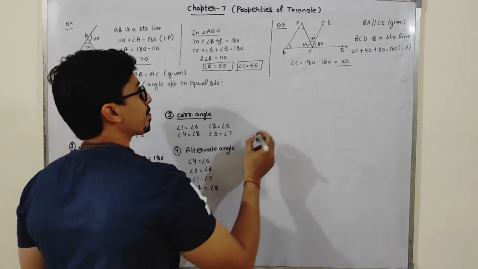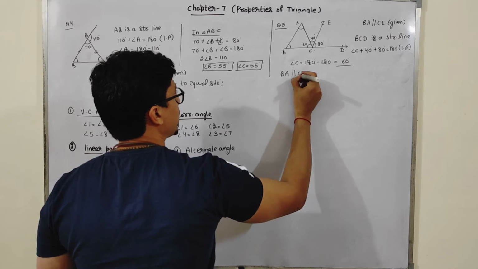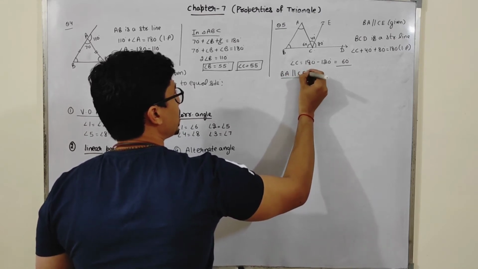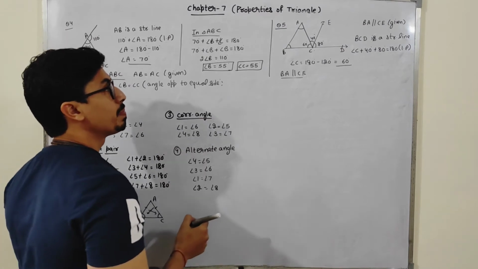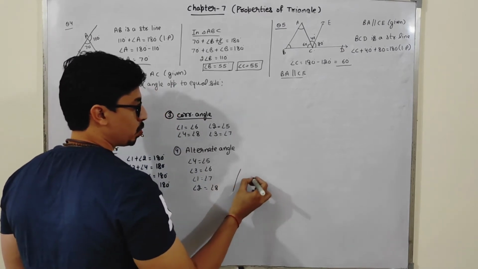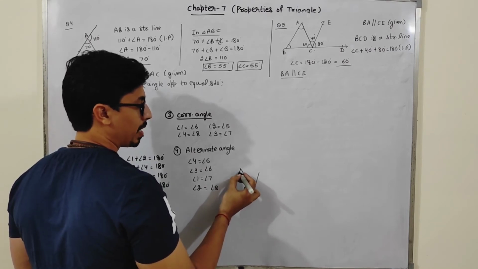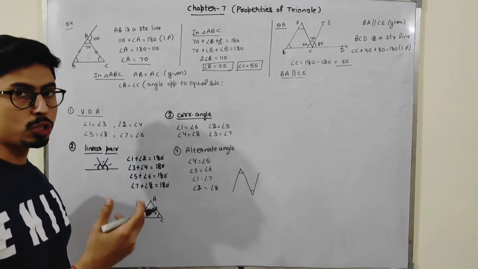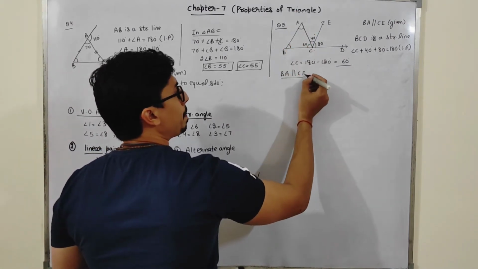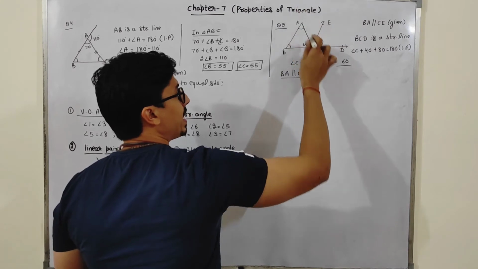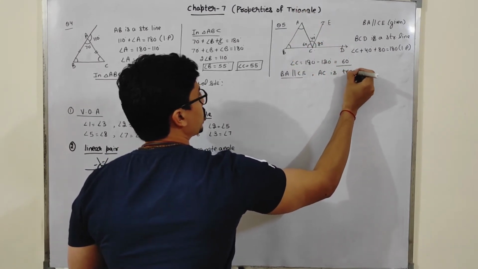Now see, BA is parallel to CE. It is given to us. Now what does this mean, students? If I take these two parallel lines and take this as a transversal, this angle will be equal to this angle because of alternate angles. Now BA is parallel to CE and AC is a transversal, students.